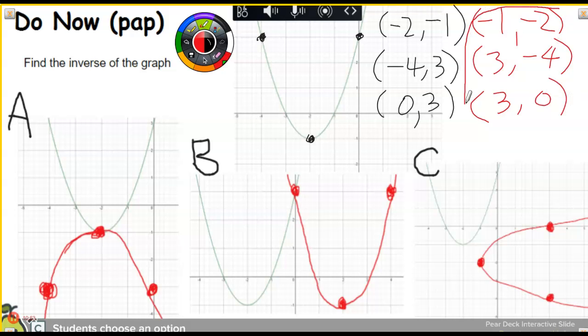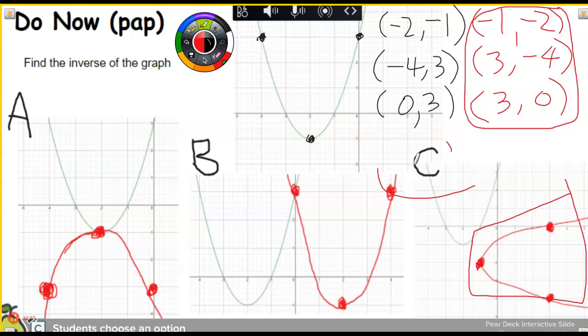And now plot the 3 inverse points in the coordinate plane and see which one of them has the exact 3 inverse points. And you see this point is -1, -2. This is 3, 0. This is 3, -4. So only this picture has the 3 inverse points. So C is the inverse picture of your old one. And that's it. Okay.